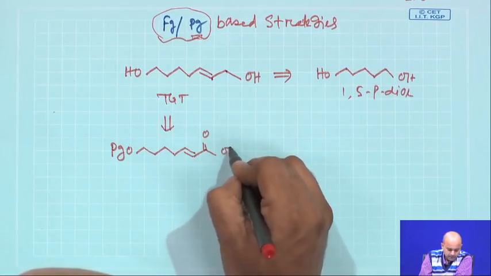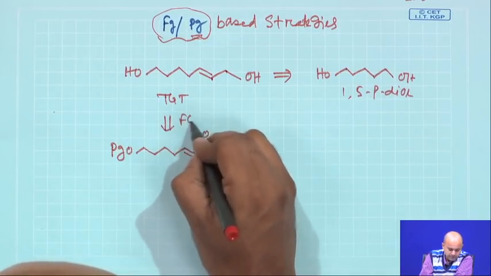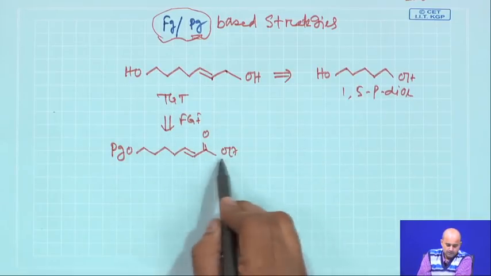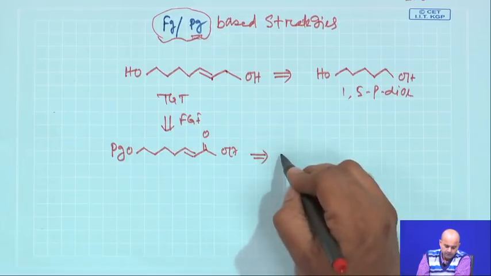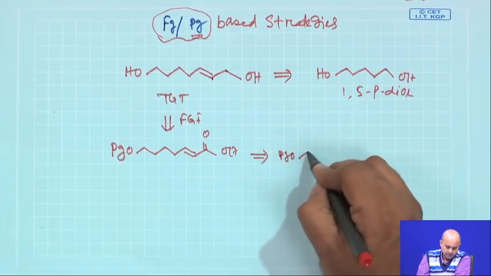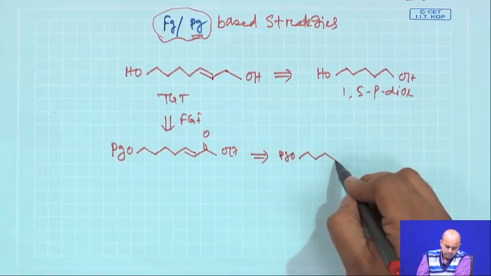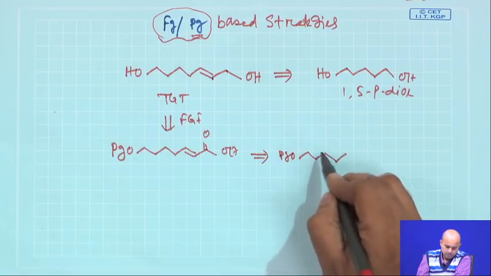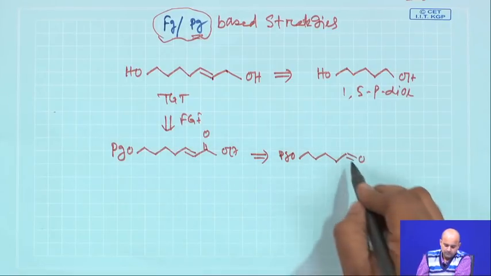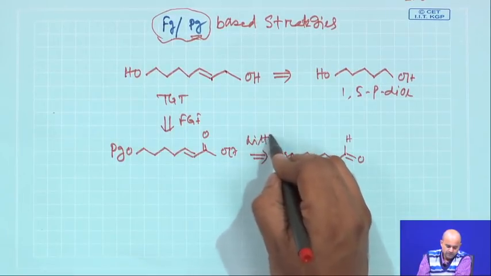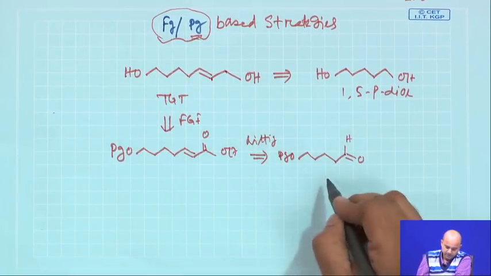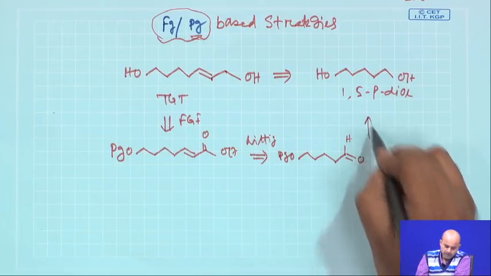If you have something like this, you can do a simple FGI through a functional group reduction. Now, this is an aldehyde, and you can simply do a Wittig olefination kind of thing. Now, try to correlate it.